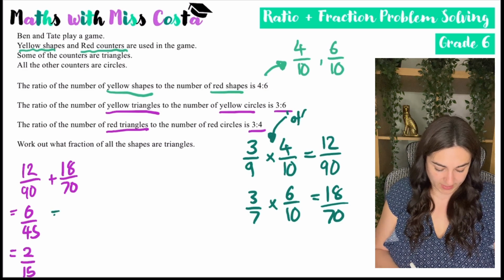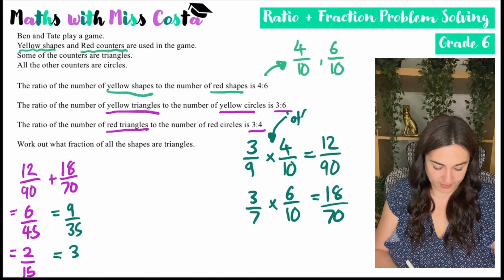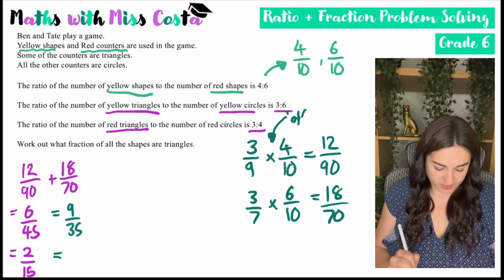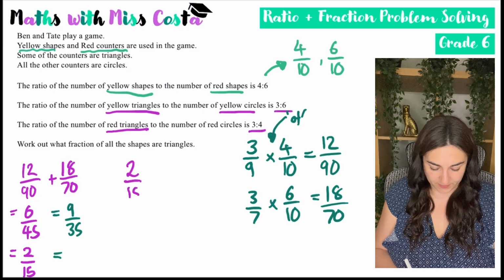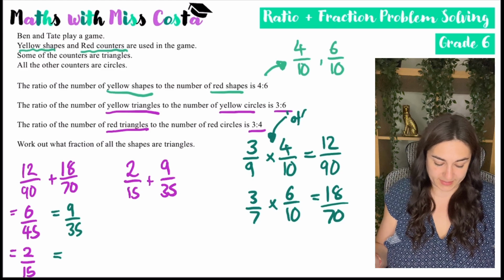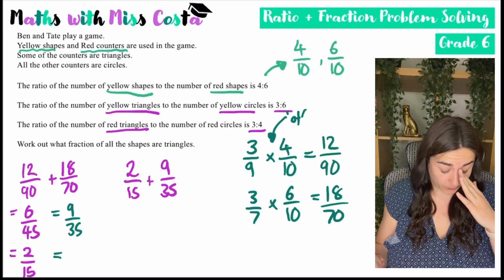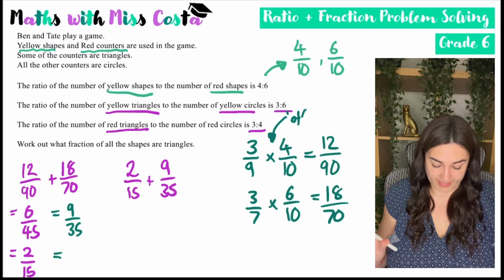Do the same over here. 18 over 70, if I half it, is going to be 9 over 35. If I divide it by 3, 3 doesn't go into it. So I'm going to have to leave it as that. So I need to work out 2/15 plus 9 over 35, which is a little bit simpler than working out the lowest common multiple of 90 and 70.